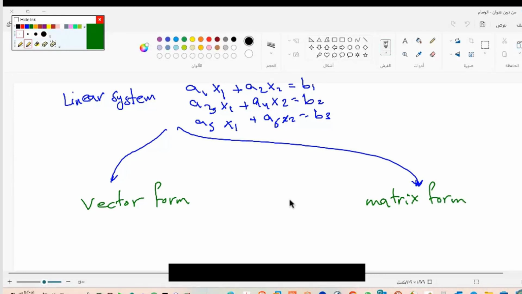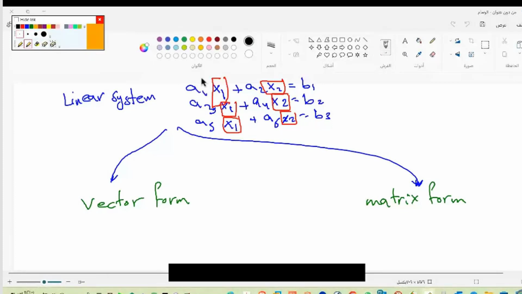So today I will combine two lectures together. How can we write the vector form? First of all, isolate x. This is x1, this is x2. In vector form, see my hand.